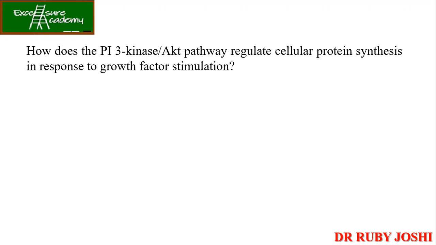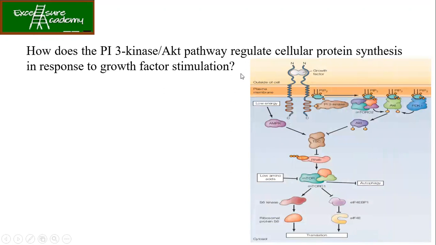If you remember the pathway, for example, let me show you the figure itself. This has been taken in the lecture before, so if you remember the previous lecture, then you can understand over here. We are talking about cellular protein synthesis, so it means there is a low amount of amino acids, right?